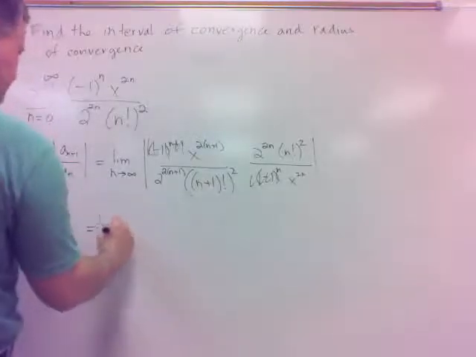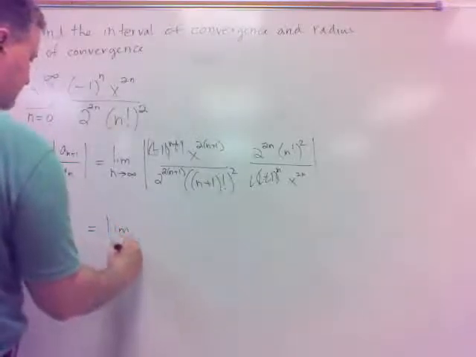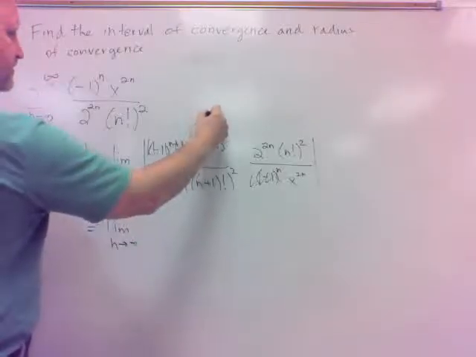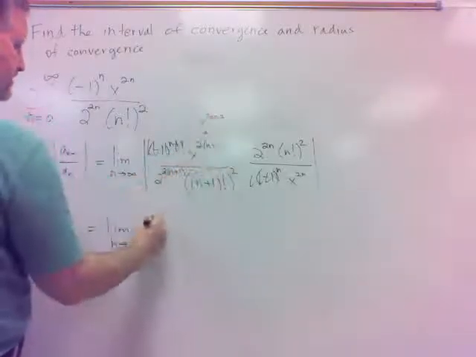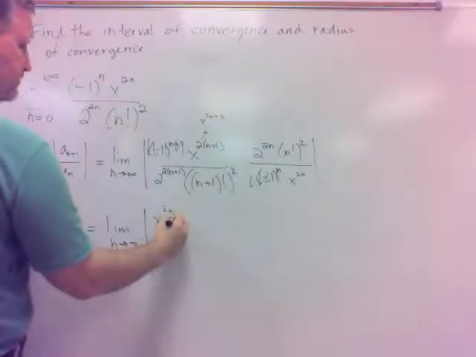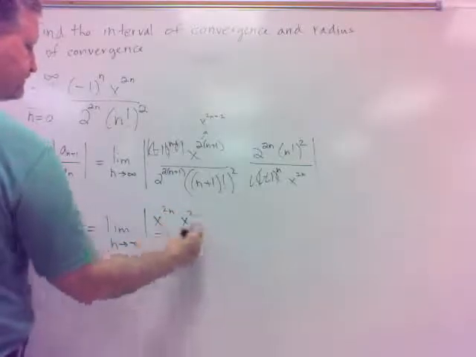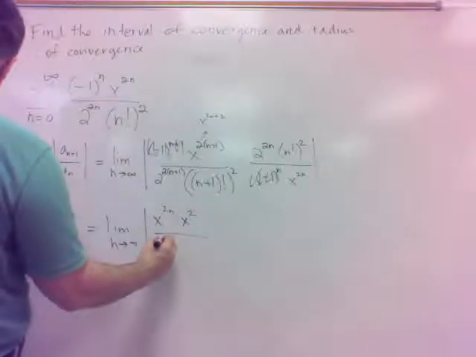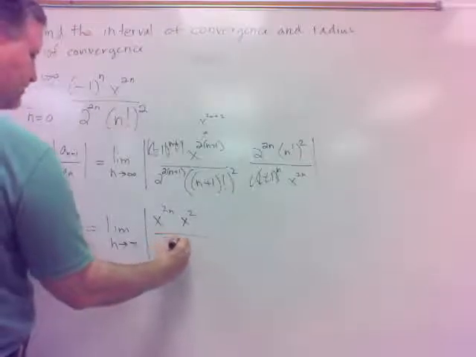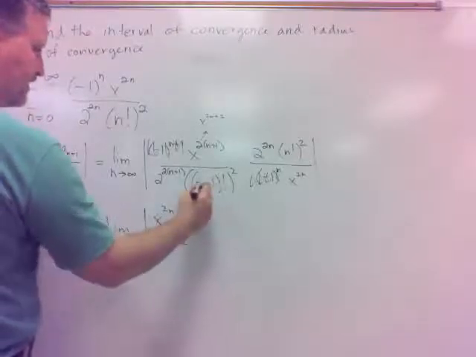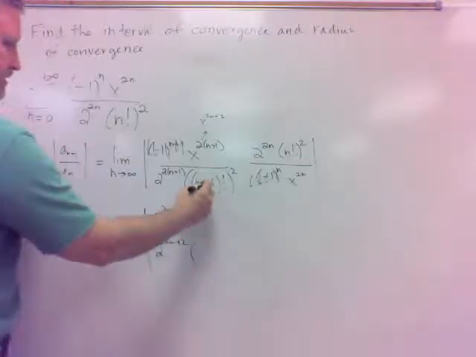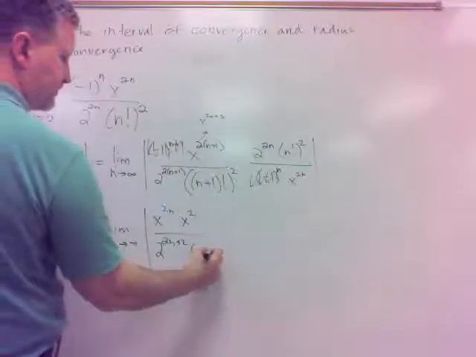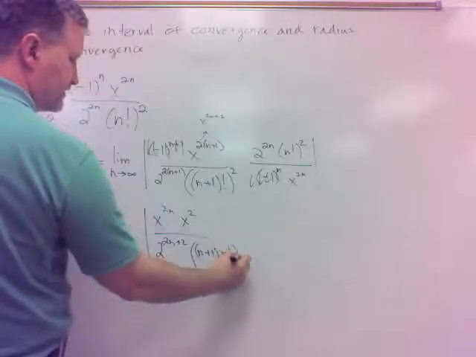Well, let's see, this right here will be x to the 2n plus 2, or in other words, x to the 2n times x squared. And that'll be basically the same. It'll be x to the 2n plus 2. That'll be, n plus 1 factorial is n plus 1 times n factorial, so I got that squared.